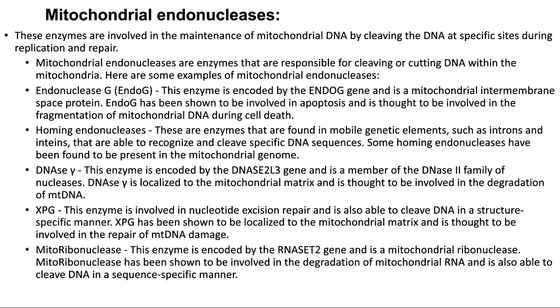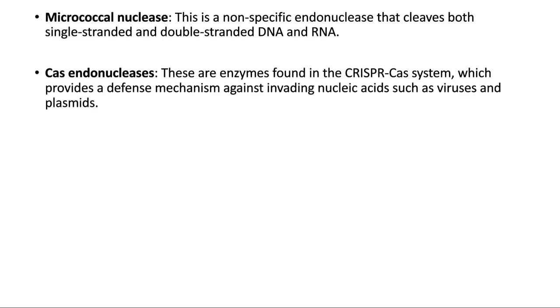So we have the mitochondrial endonucleases, you have endonuclease G, the homing endonucleases, the DNA2, the XPG, and so on and so forth. The mitoribonucleases, they are all part of it.